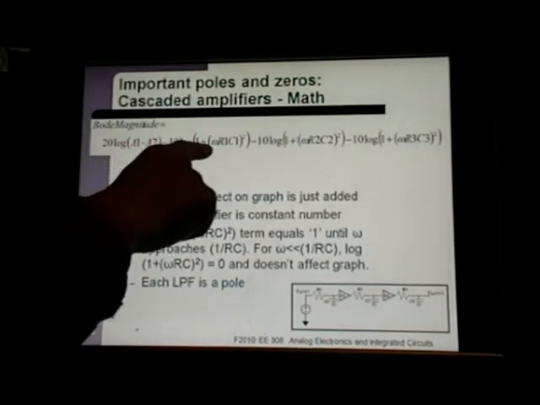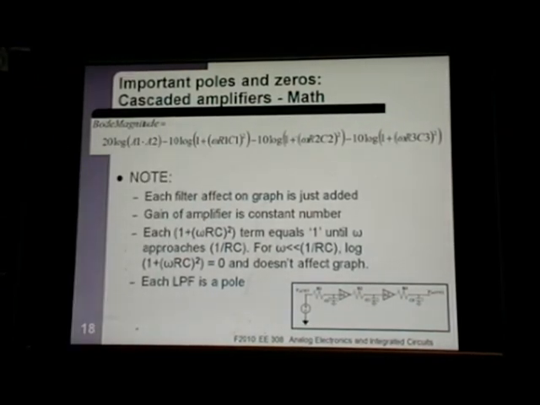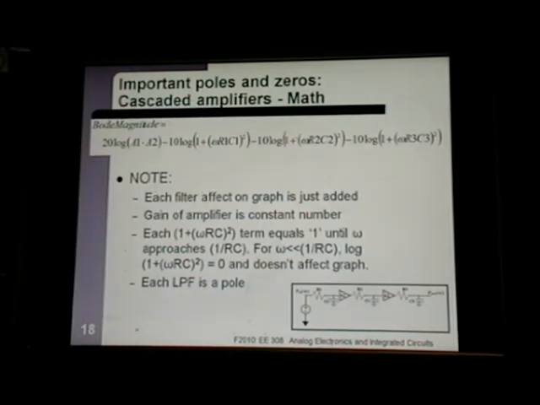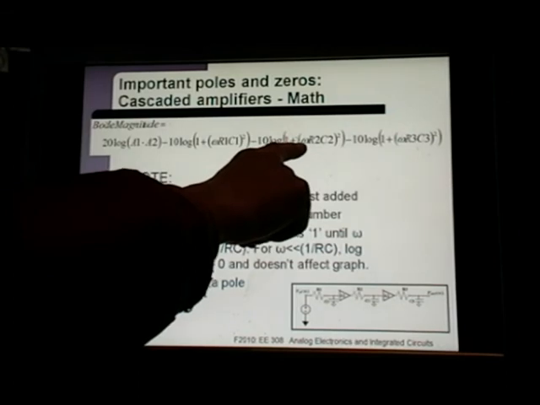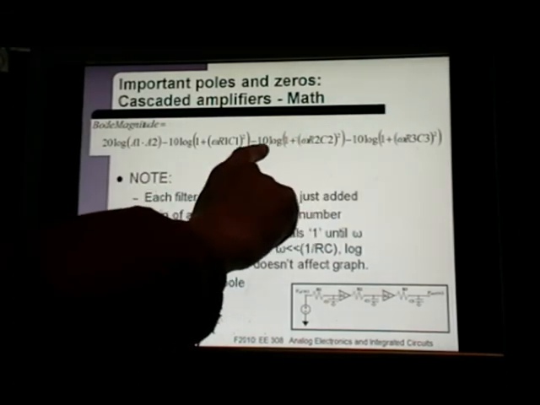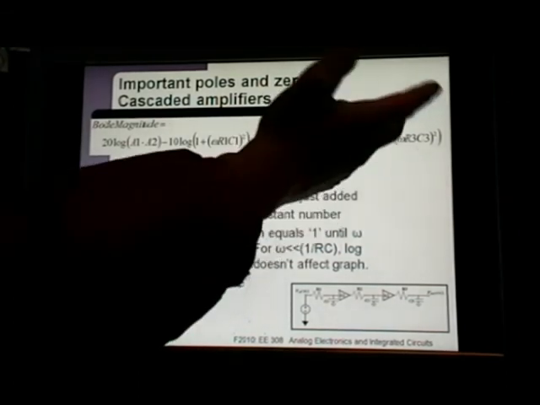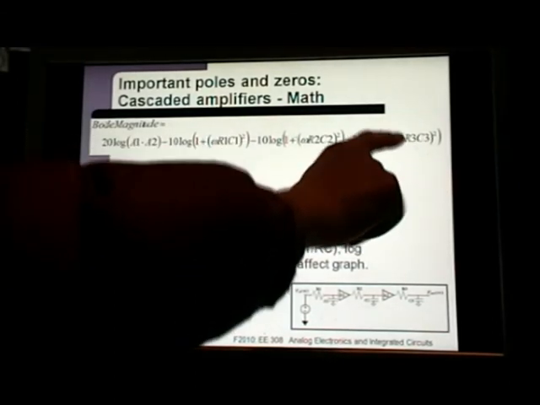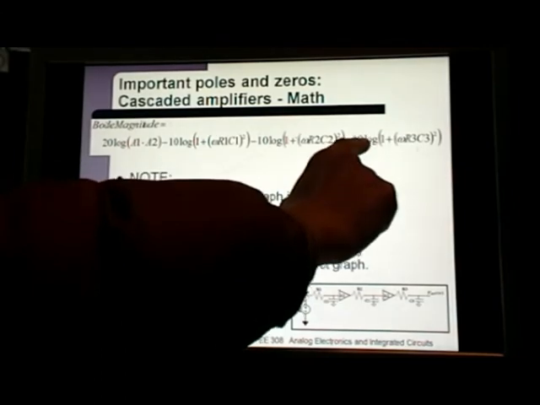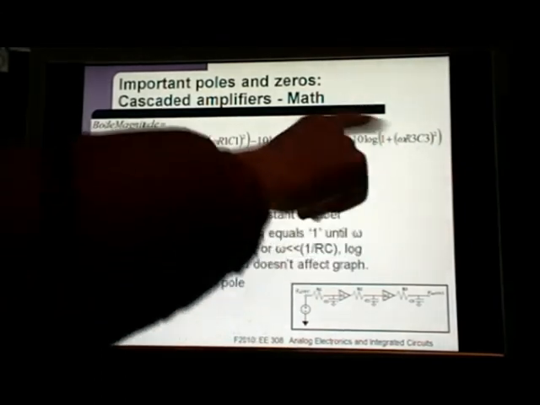And then you just have log of 1, and log of 1 just equals 0, so this term disappears from the equation. If R2C2 is really small, omega has to get really big before this term has any meaning, and you just have another 10 log of 1, which is 0. And same thing over here. If R3C3 is very small, omega has to get very big before you have anything other than log of 1 here, which gives you 0.